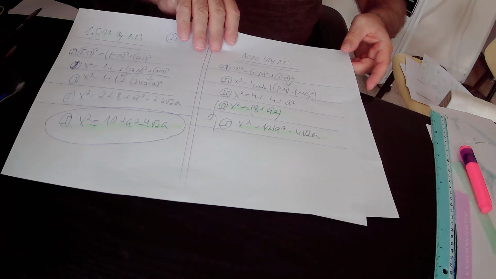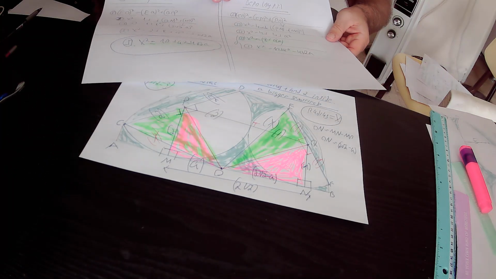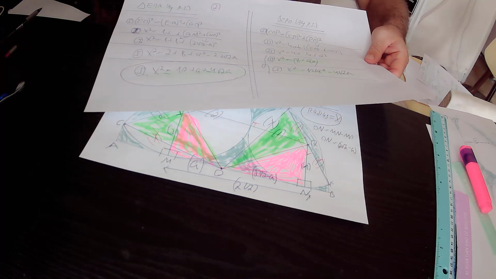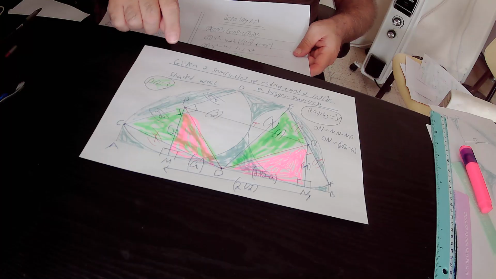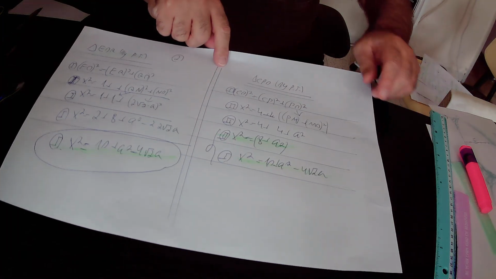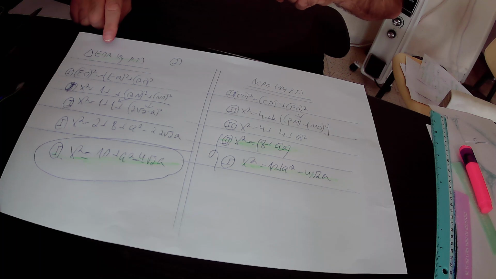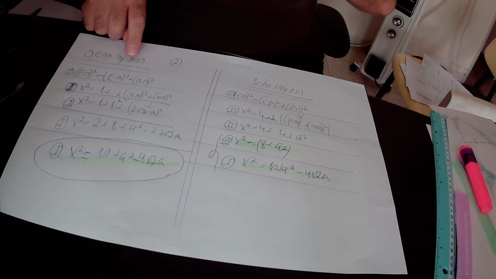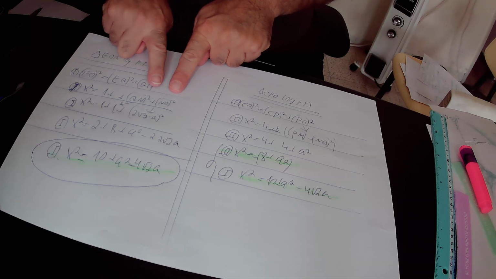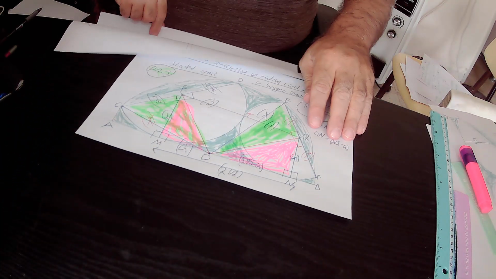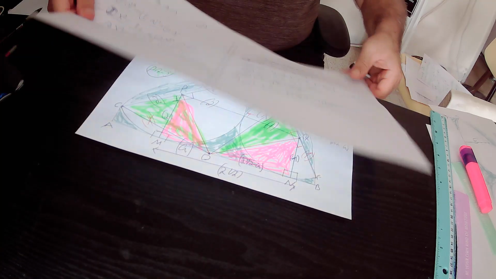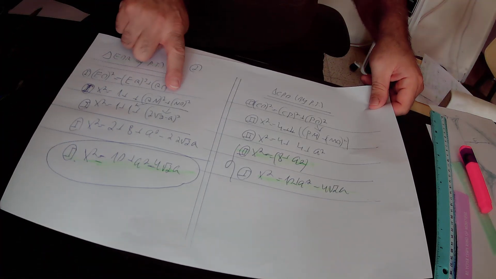So QO squared equals QN squared plus NO squared.